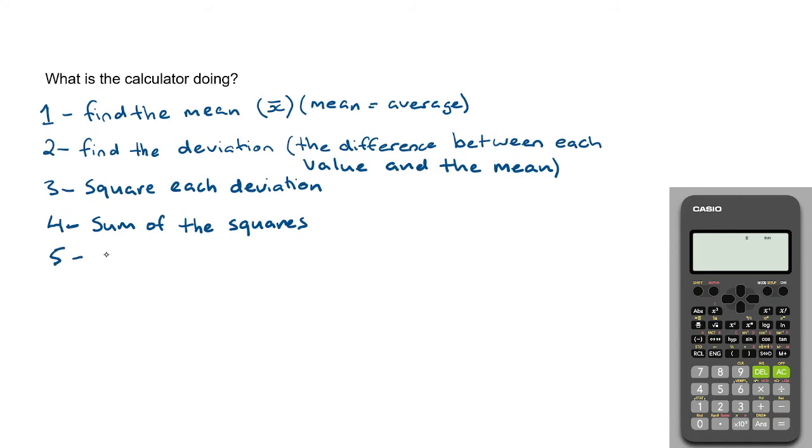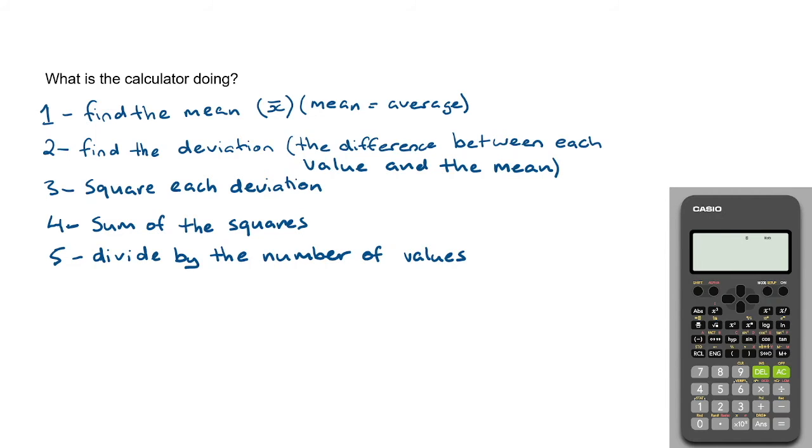Number 5 is divide by the number of values or scores.